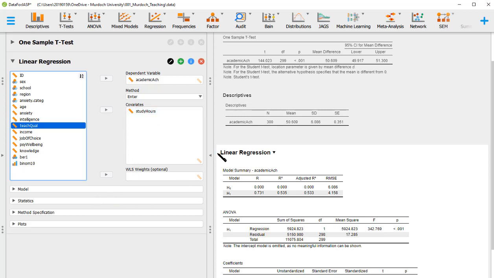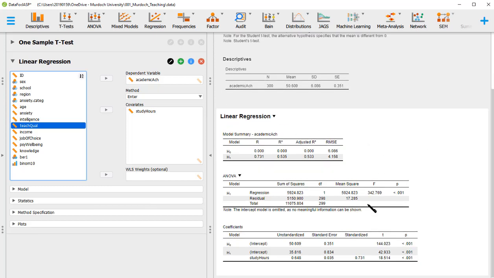Now if you go to linear regression, in these tables we should have most of the information we are looking for. When we have coefficients, here we've got the H0 model, which is a model in which there is no predictor variable.